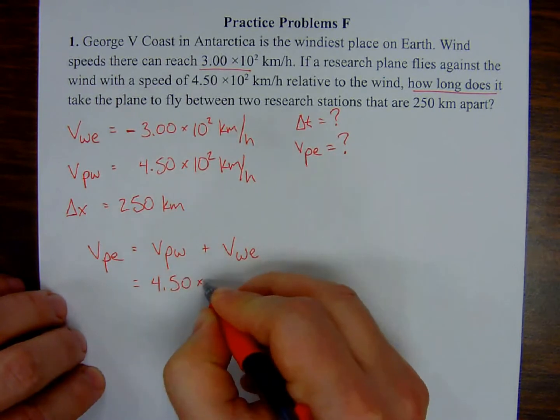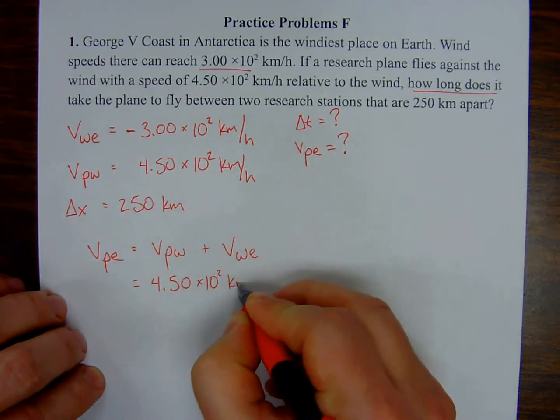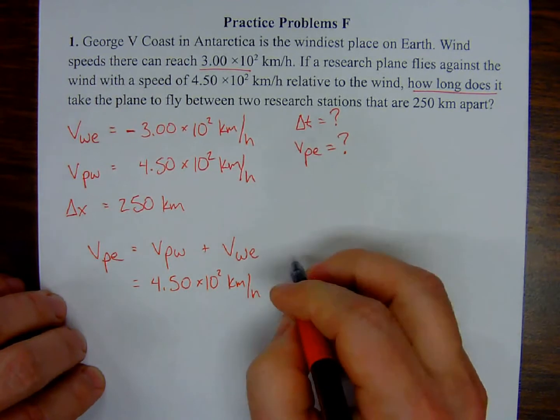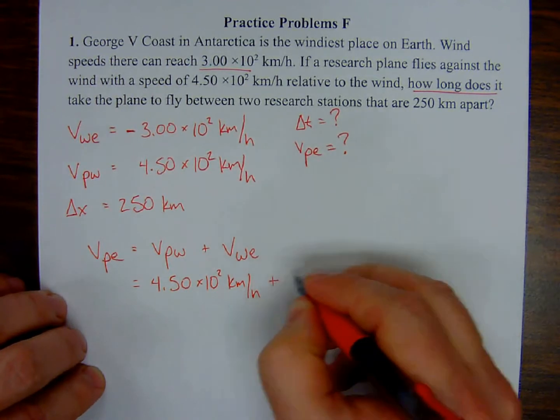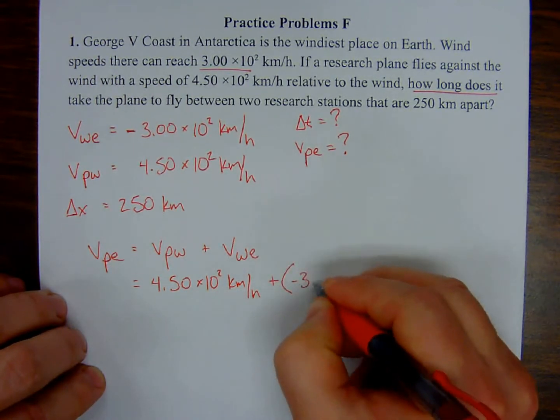Because if I plug it in this way, meaning the velocity of the wind with respect to the Earth is negative, my overall velocity will be positive.